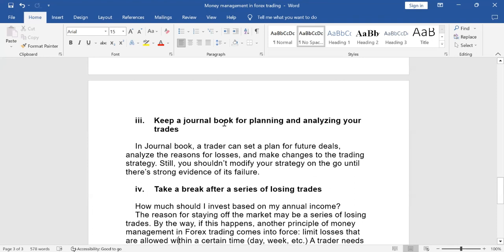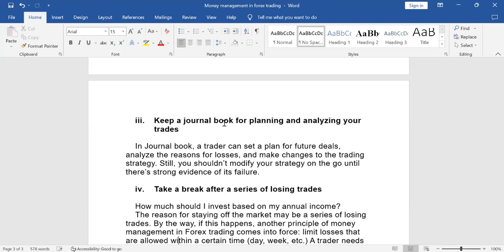You also have to develop a journal, because sometimes you may take a trade and make a profit on it. You have to write: what is the reason why I took this trade? What made me make money on this trade? The strategy I used. Then if you have a loss, you check and say, I took this trade, what is the reason? In that book, you write down the reason why you take a trade.